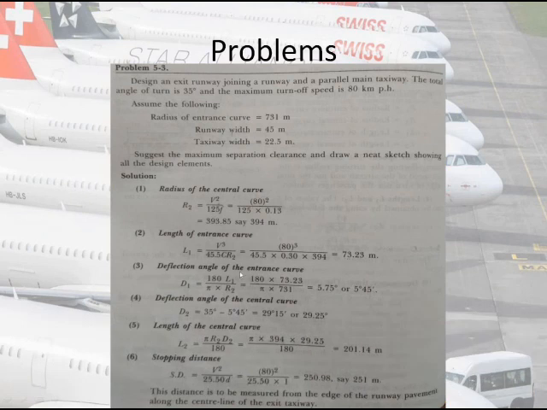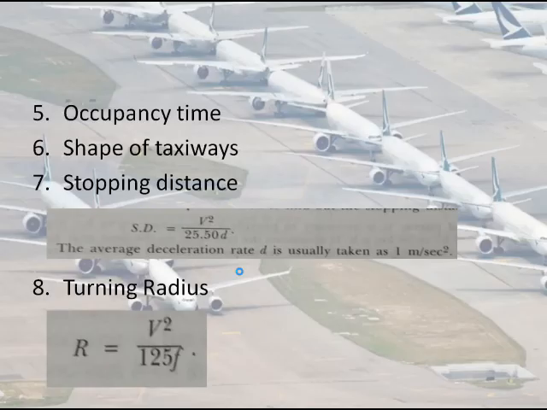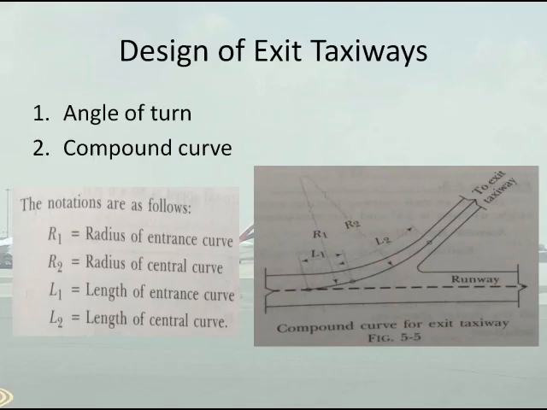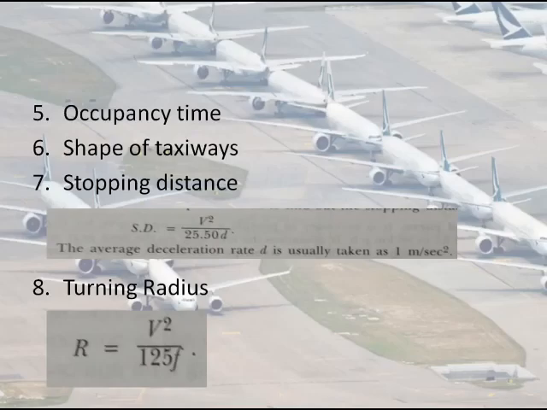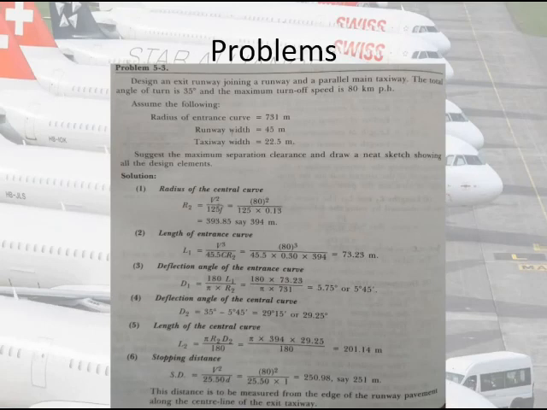Next, the deflection angle of the entrance curve. The deflection angle is given by D1 is equal to 180 L1 divided by pi into R2.